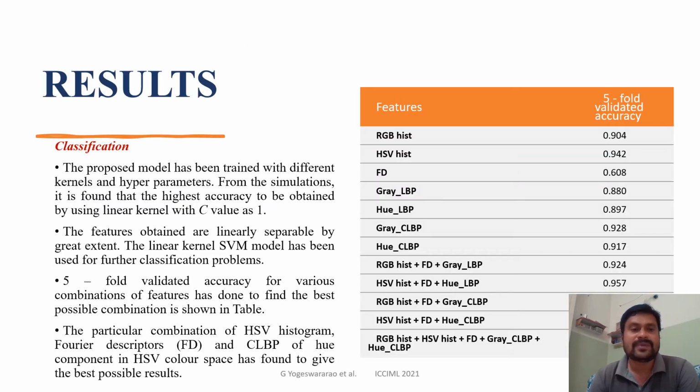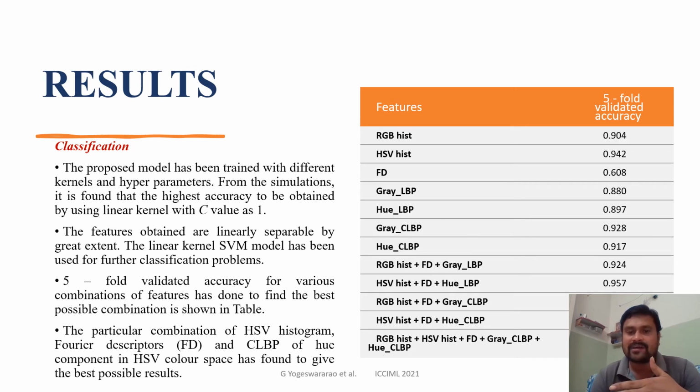As for the results, we compared the classification with different architectures: only RGB histogram values, HSV histogram values, Fourier descriptor, gray level LBP, hue values with LBP, gray level complete local binary pattern, and hue values of complete local binary pattern, and hybrid models like RGB histogram of the color with Fourier descriptor of the shape and gray level LBP, as well as HSV histogram, Fourier descriptor and hue of LBP, and RGB, Fourier descriptor and gray level.